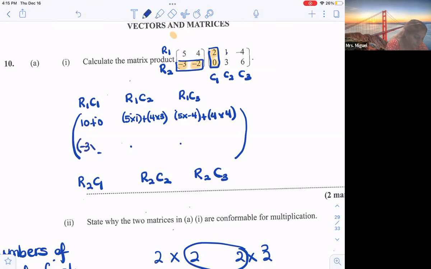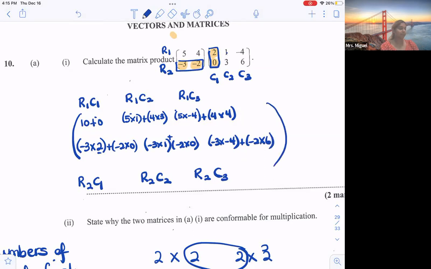So minus 3 by 2 plus minus 2 by 0. Then we have minus 3 by 1 and minus 2 by 0. Then we have minus 3 by minus 4 and minus 2 by 6.